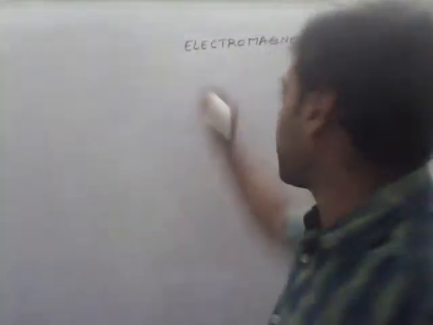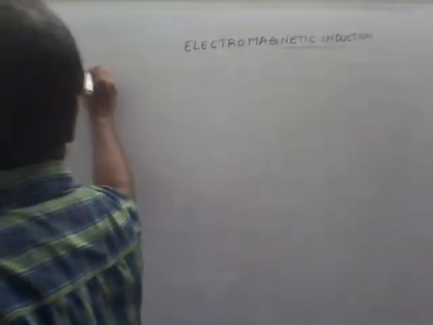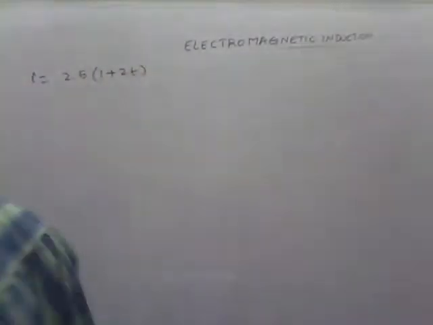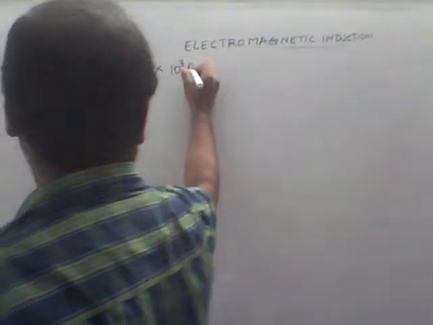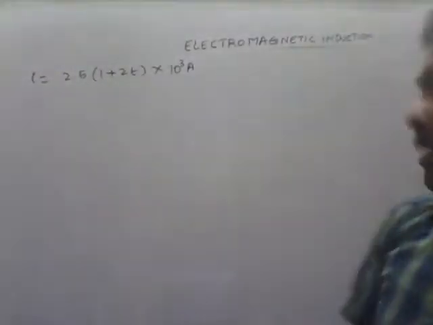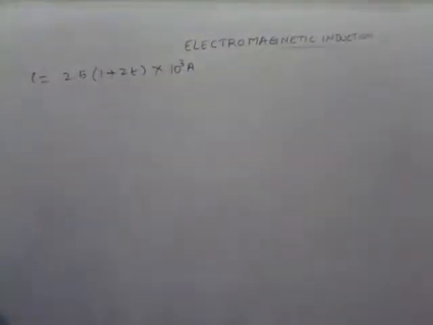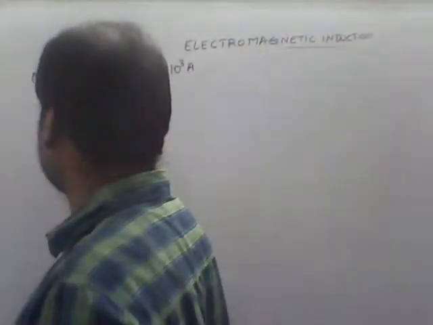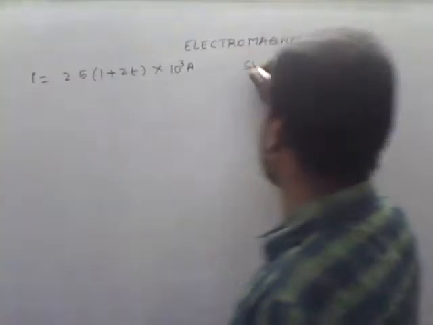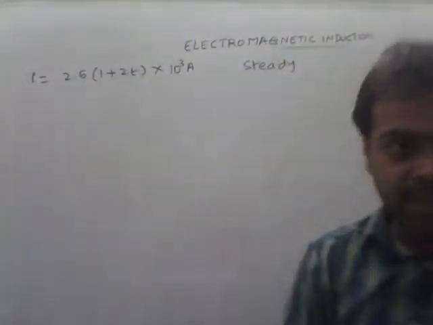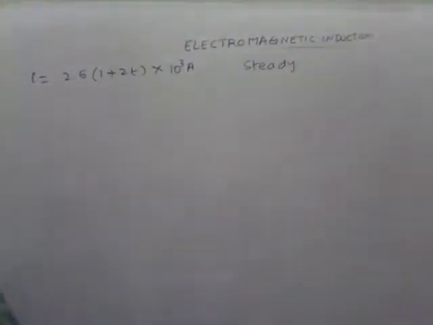A current I is equal to 2.5 times (1 plus 2t) multiplied by 10 cubed ampere, increases at a steady rate, in a long straight wire.